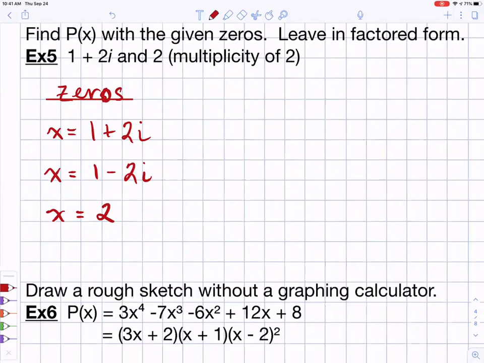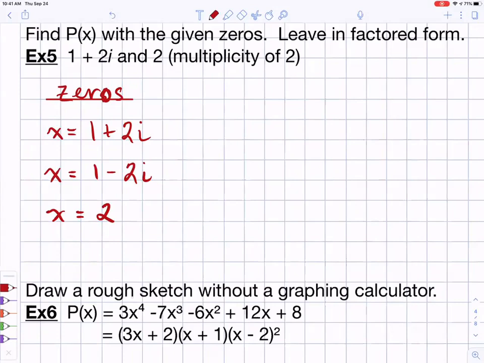Technically I have 4. So what would my degree be? 4. If you're only looking at that list though, the degree appears to be just 3. So you have to be careful about that. You don't have to list another one, but you do need to realize that there are duplicates.